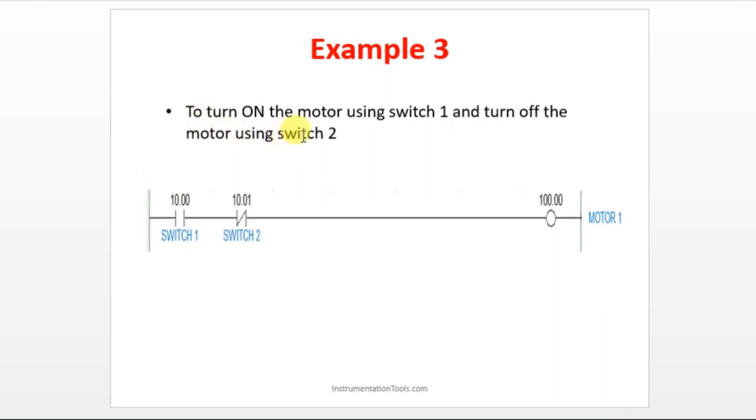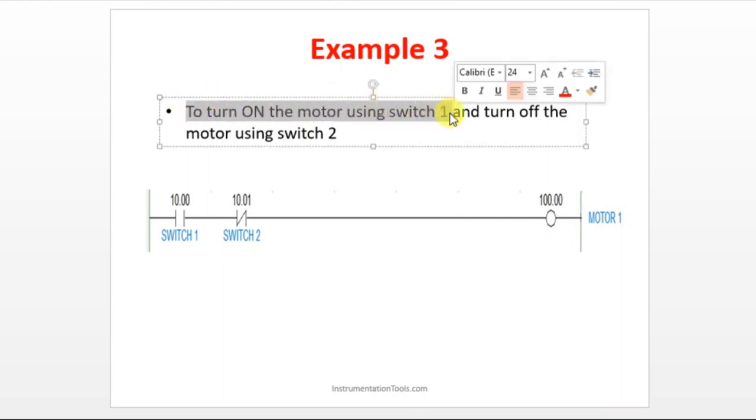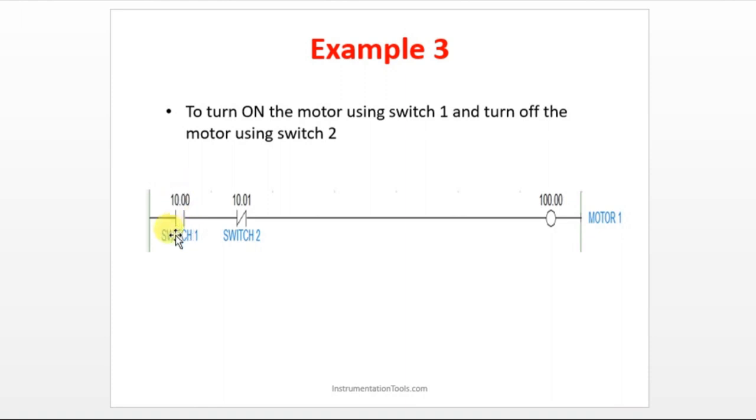And we have the third example: to turn on a motor using switch 1 and to turn off the motor using switch 2. To make the contact, in the sense to turn on a motor using switch 1, I am using a normally open contact, with switch 1 connected to the motor. To turn off the motor, to break the contact, I am using a normally closed switch to break this line.